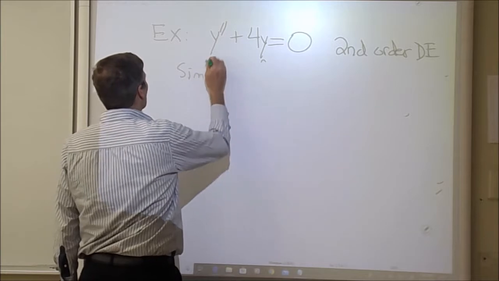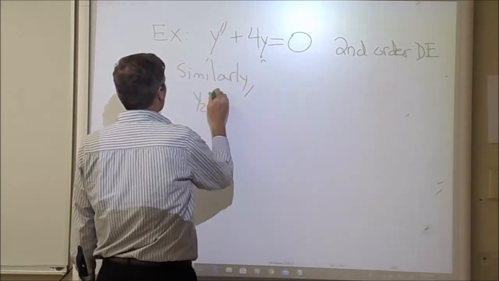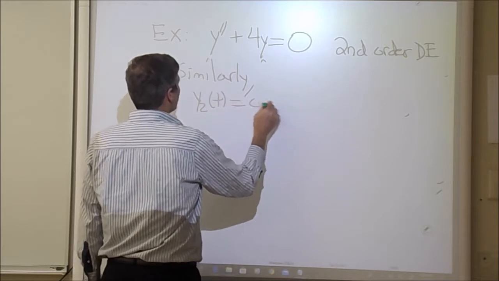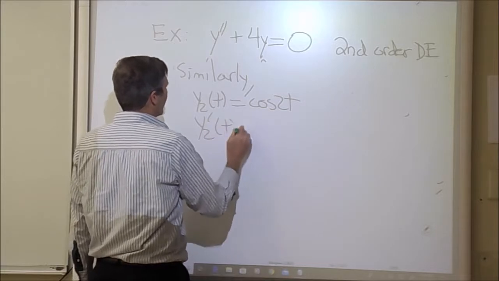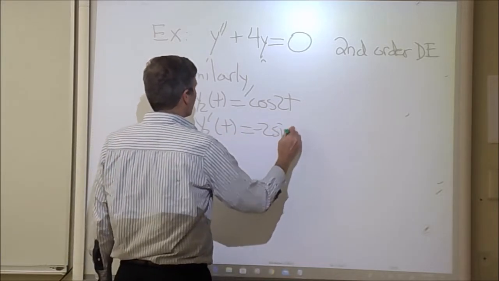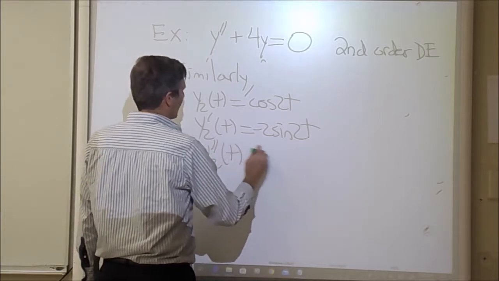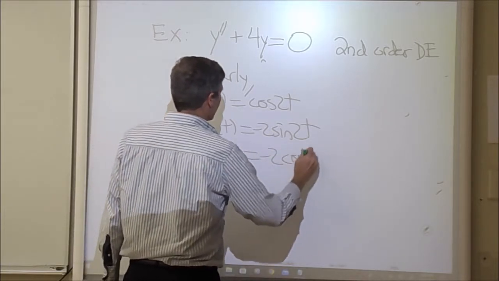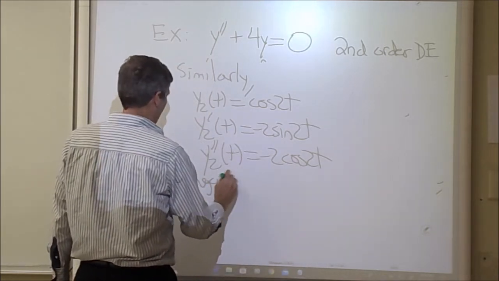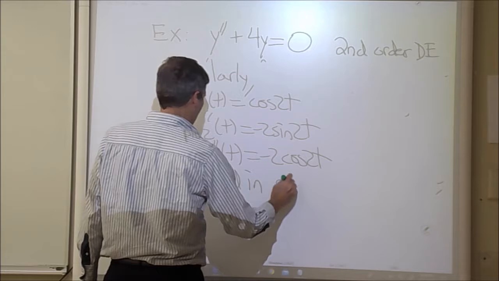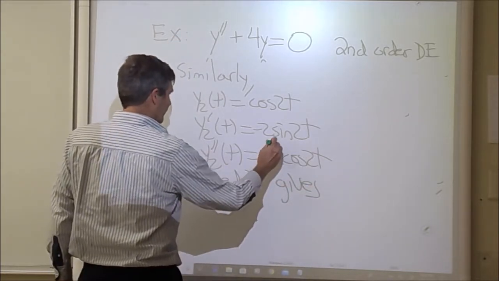Similarly, y2 of t equals cosine 2t has first derivative minus 2 sine 2t, second derivative minus 4 cosine 2t, sorry, and you plug in on the left y double prime.